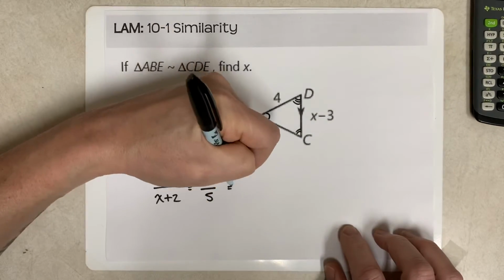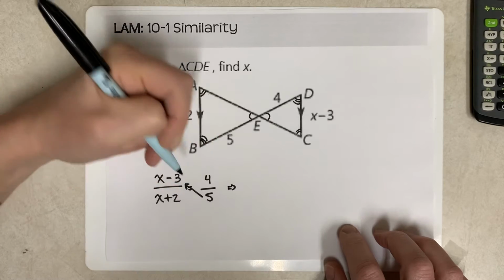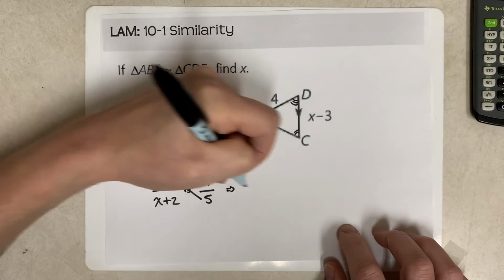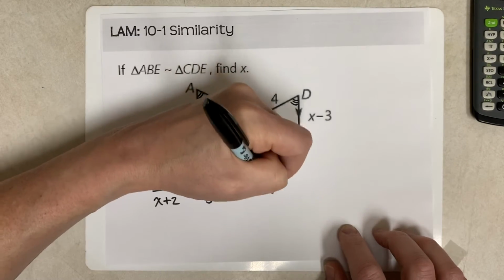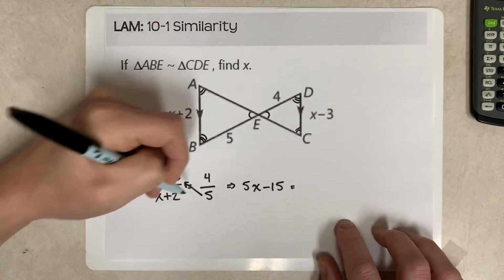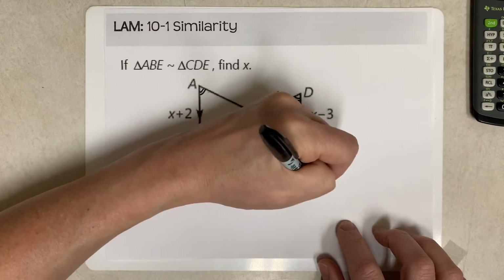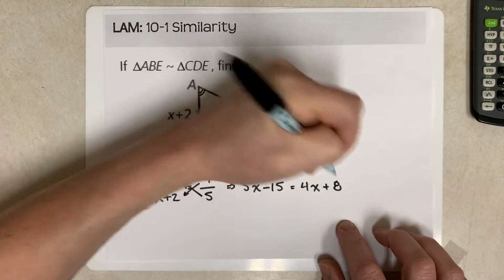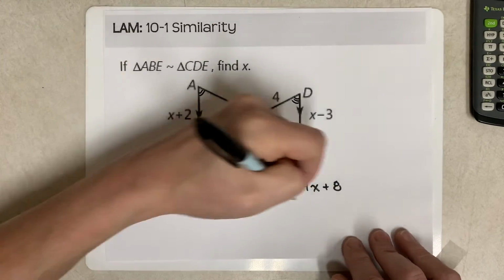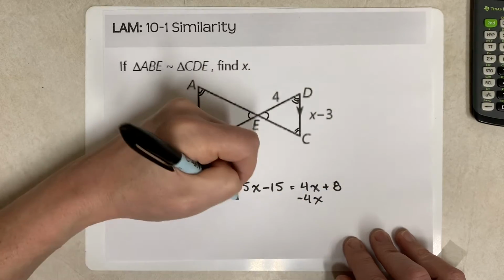Okay, let's cross multiply. 5x minus 15 equals 4x plus 8. Okay, so now I'm going to subtract 4x on both sides.